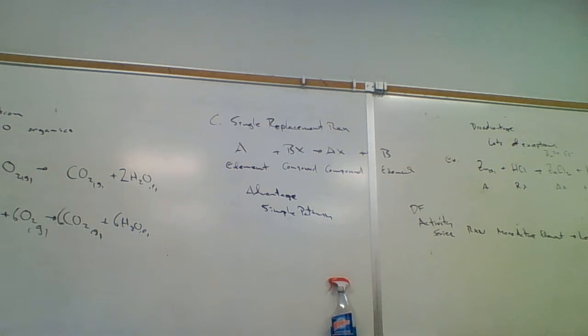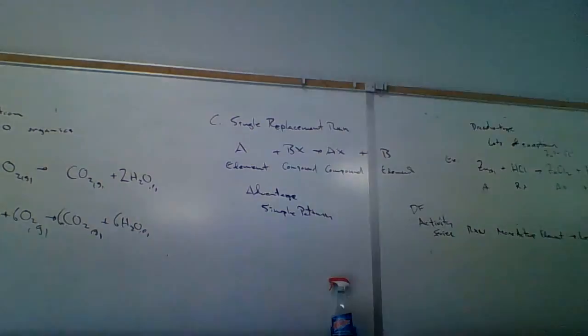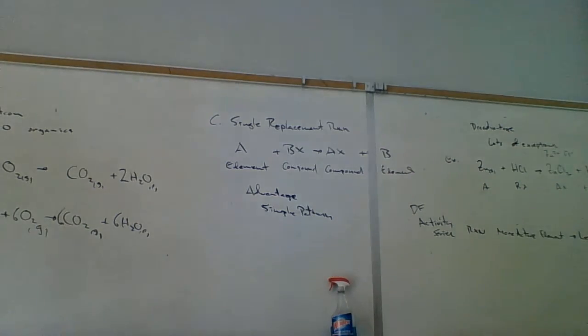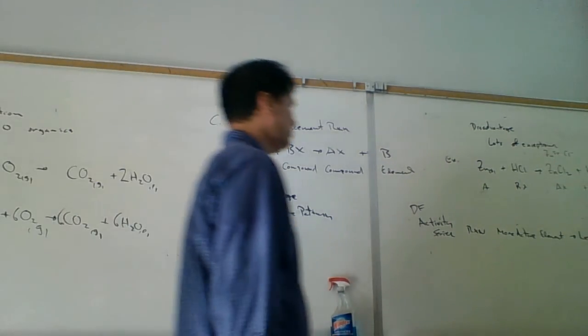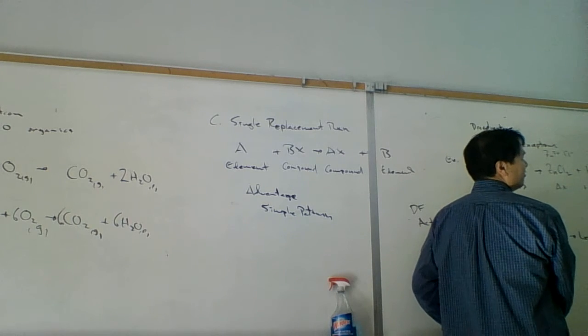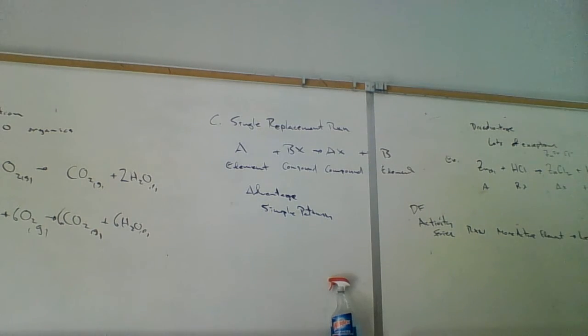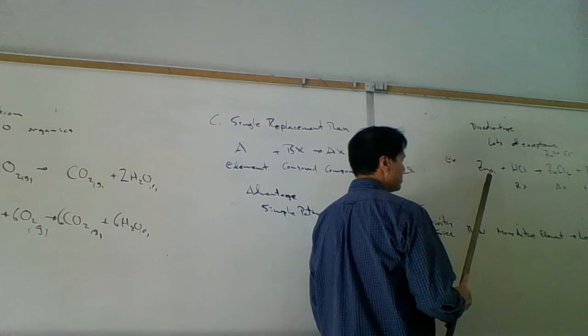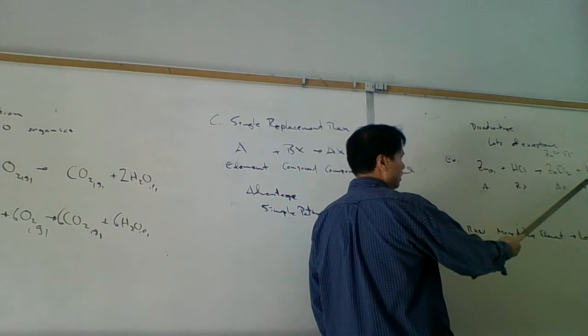So let's take a look at the activity series. This is the activity series here. And at the top of the activity series is lithium. Lithium is the most active element here, and then it goes down in activity. So what we're going to do is compare the two elements, zinc and hydrogen.